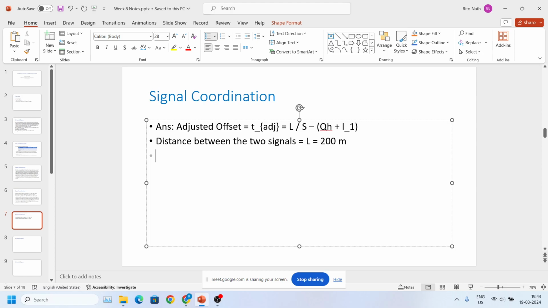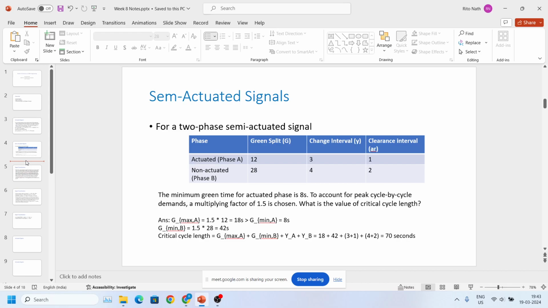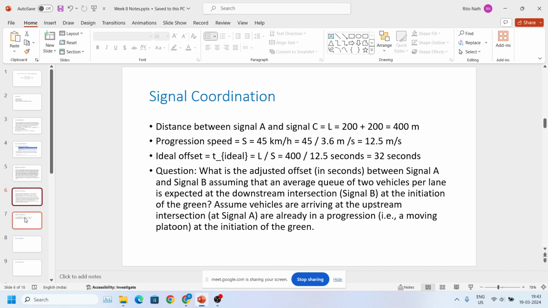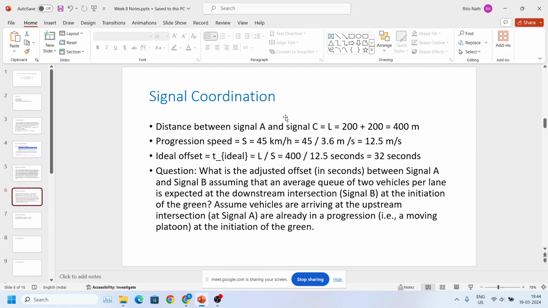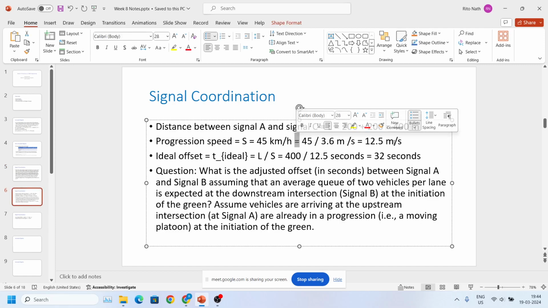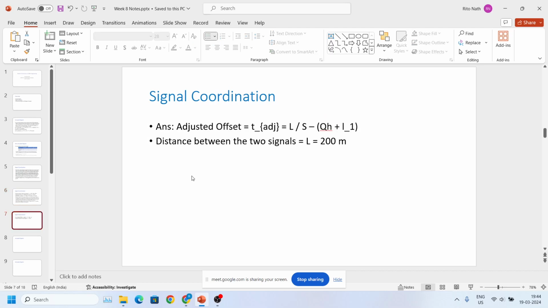S is the speed, also called the progression speed. Sorry, the data here calls it the desired progression speed, and you converted it into 12.5 meters per second.